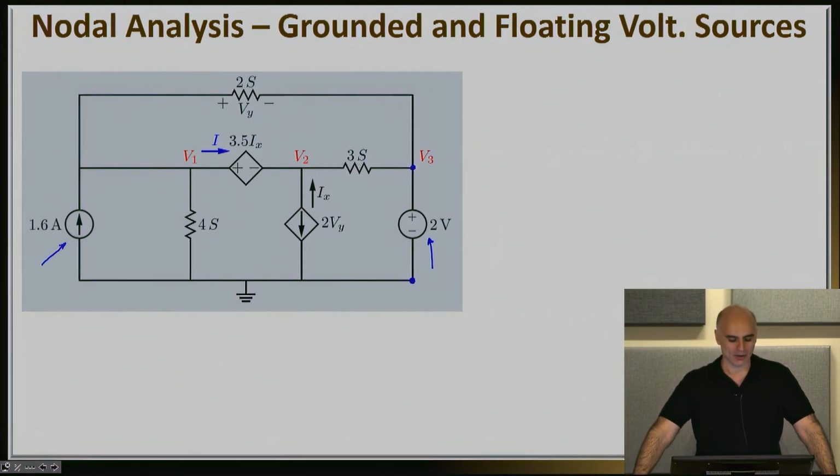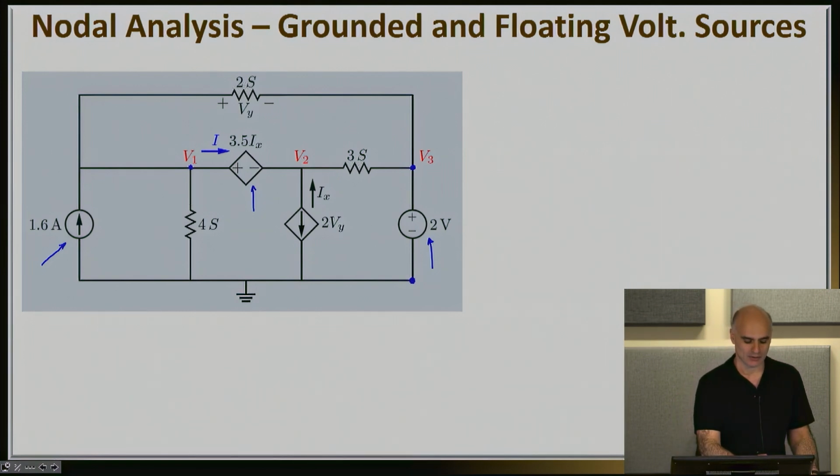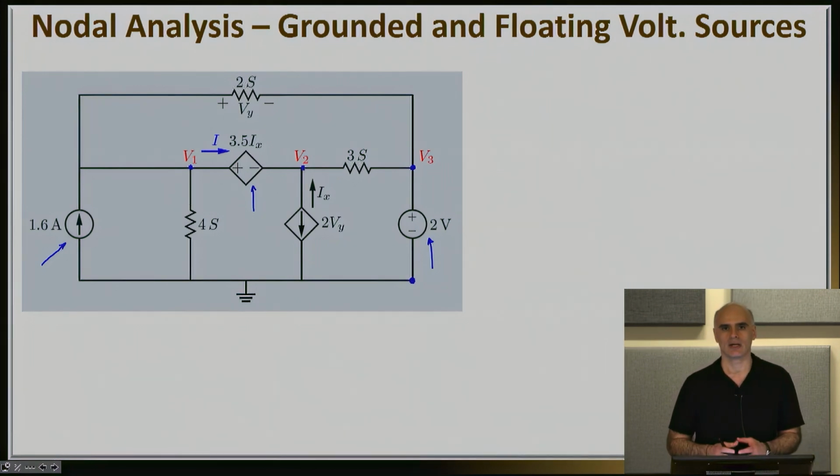And then we also have 2 additional sources which will give us a little bit of thought. One of them is right here, which is a floating voltage source. It's floating because none of its 2 nodes, V1 or V2, are connected to ground. That's the definition for a floating voltage source.